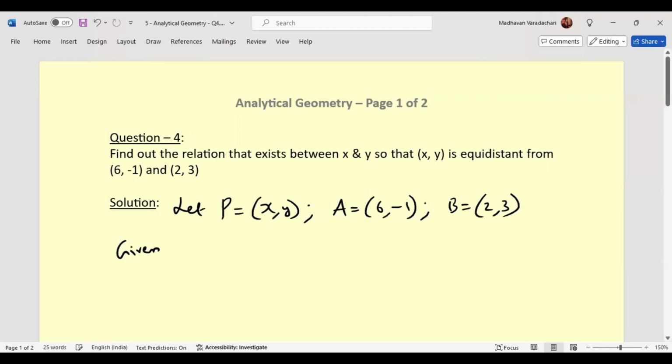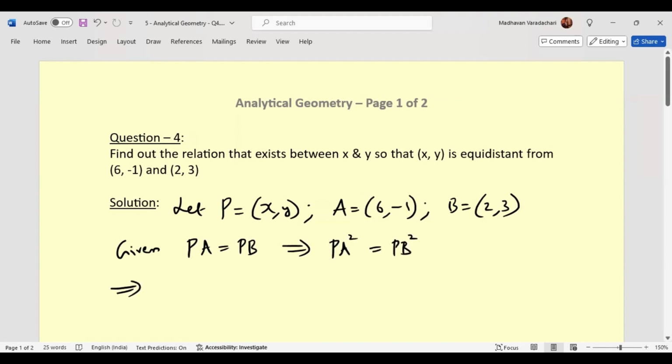Given (x, y) is equidistant from this point and this point, that means given PA is equal to PB, which means PA square is equal to PB square.